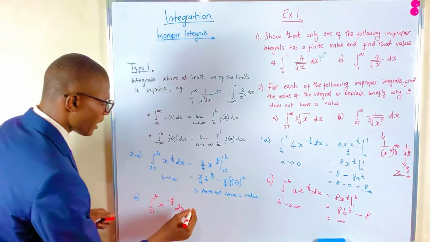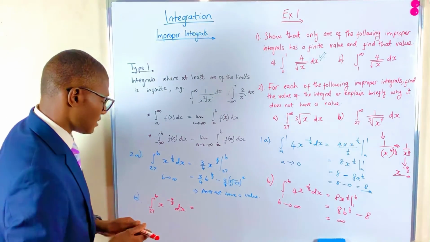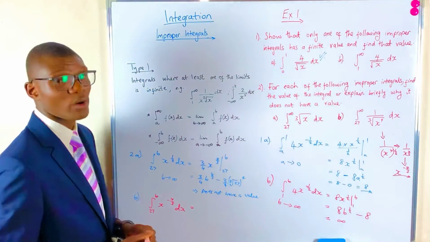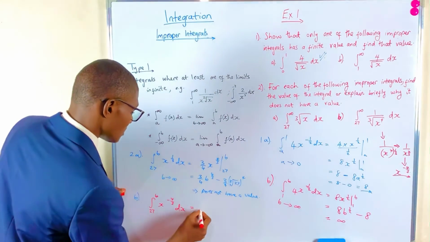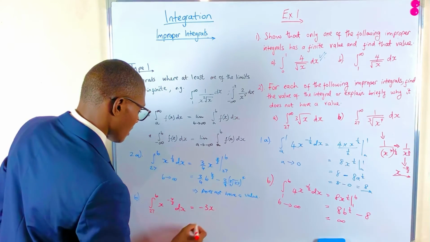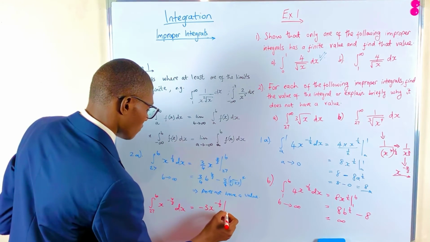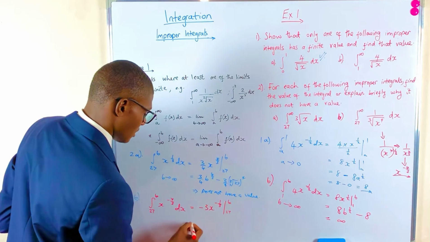Integrating the normal way, adding 1, we get a minus 1 over 3, so we have minus 3x to the power of minus 1 over 3 from 27 to b.